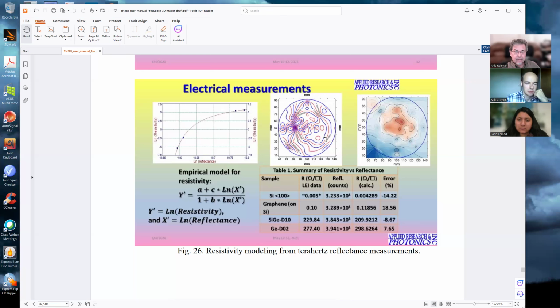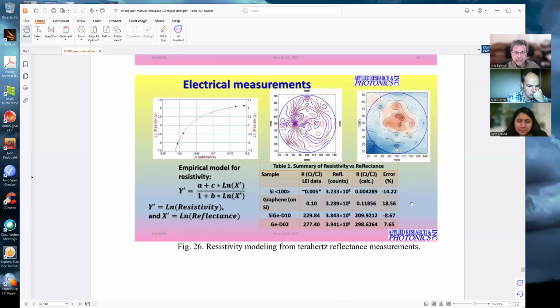So our model shows that here is the resistivity measured by the eddy current technique, and here is the resistivity from our model. And then we're showing the percent disagreement, which is within the experimental error limit.